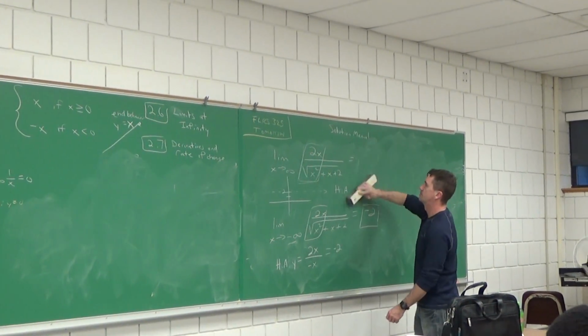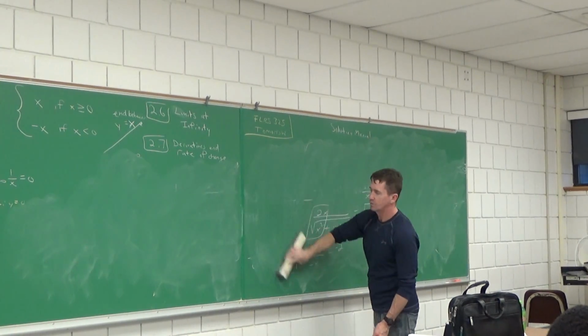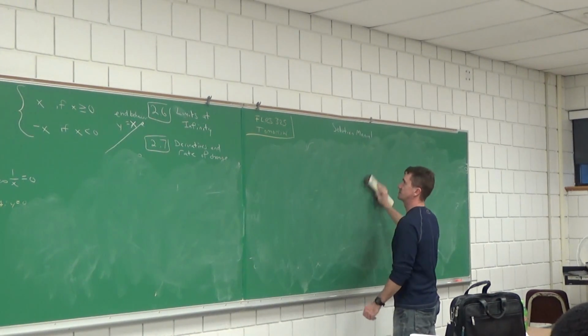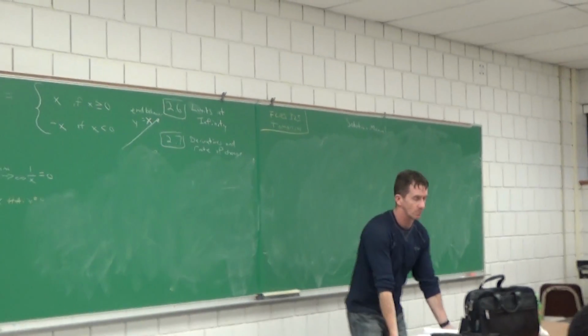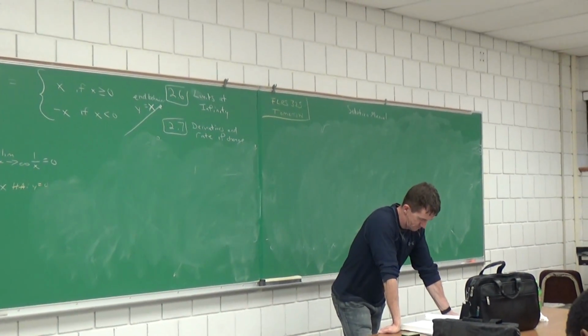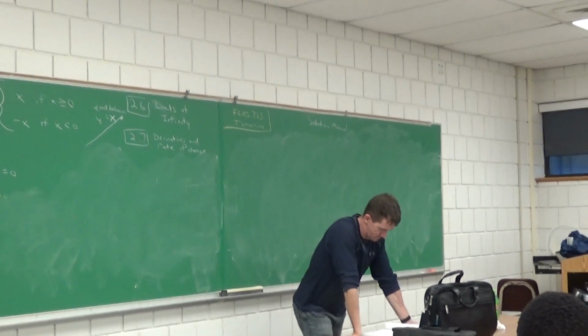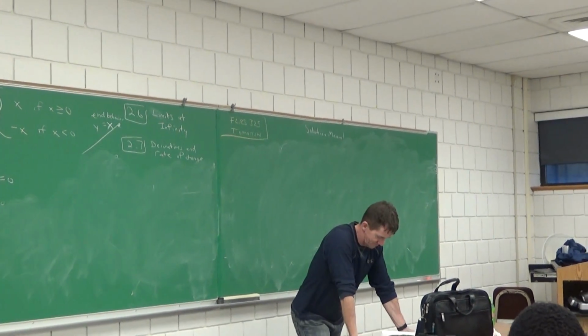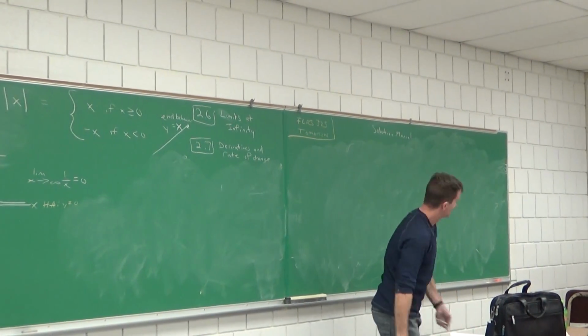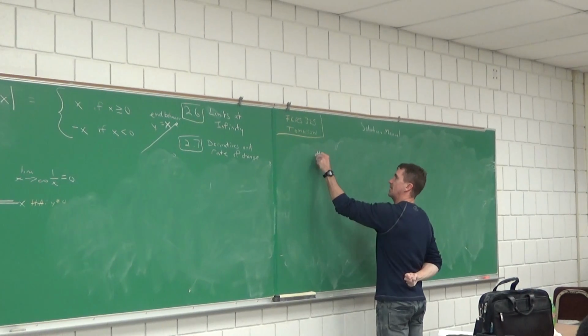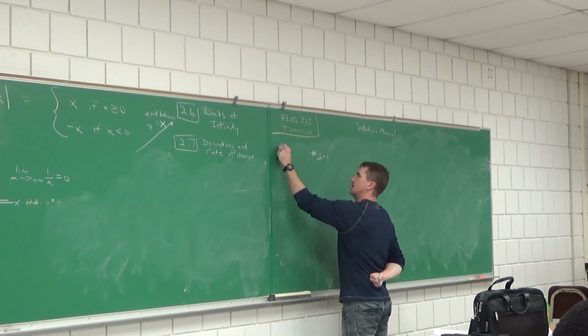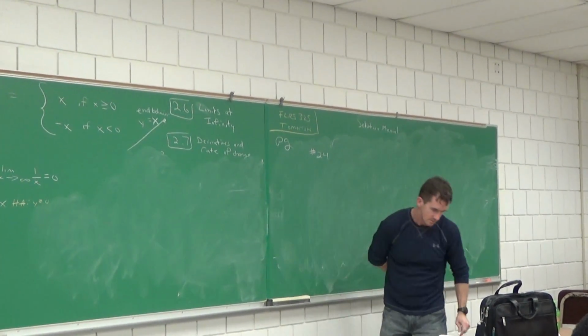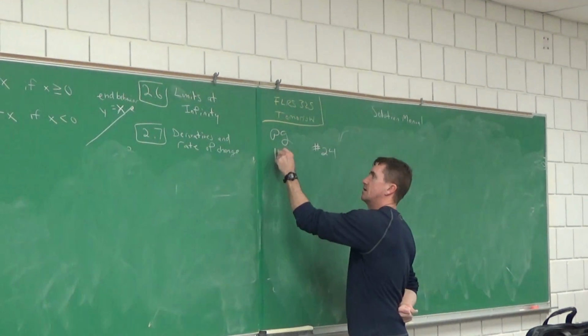Well, let me look at the craziest one out of this section. I want to look in front of the radical. Will you try it? This is number 24, page 141.